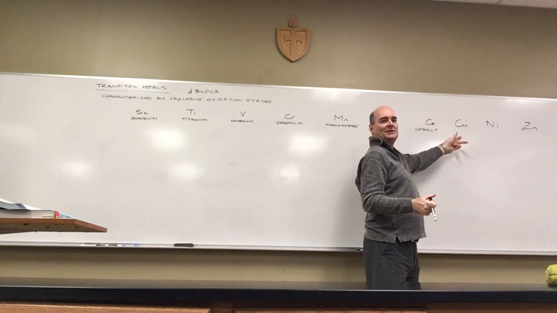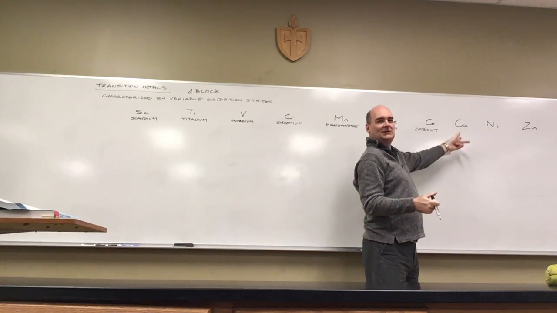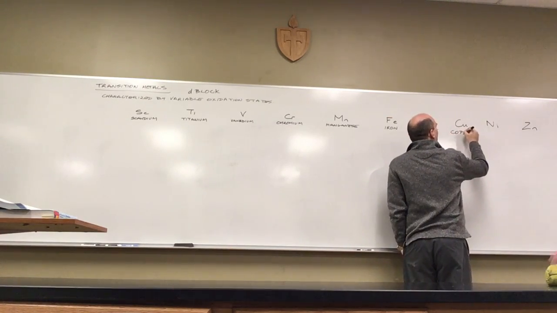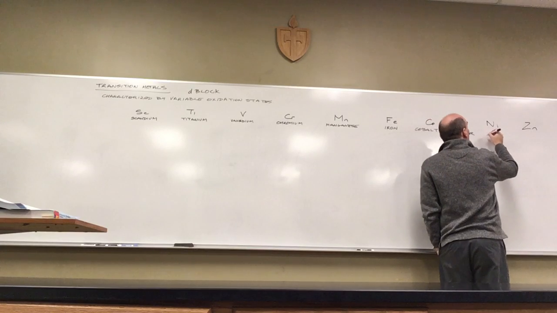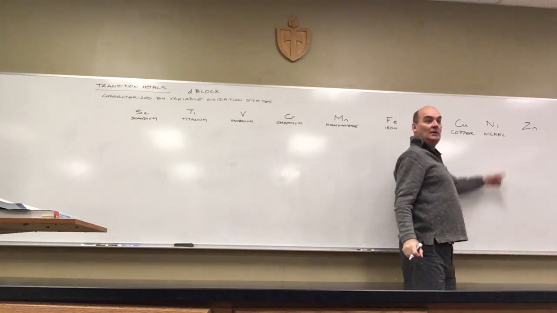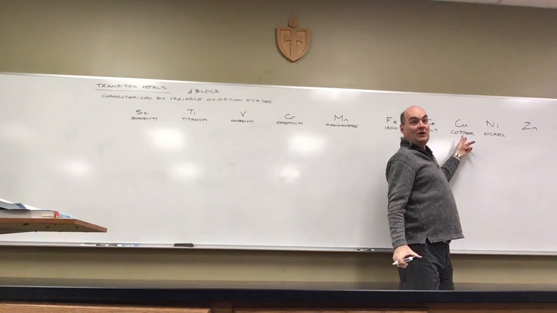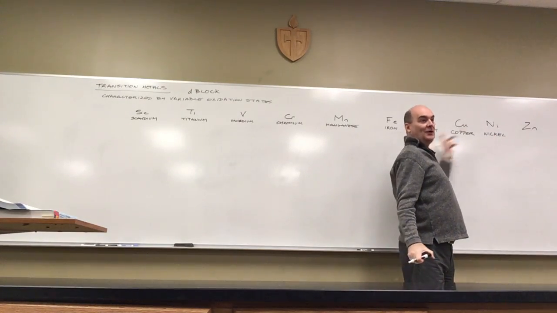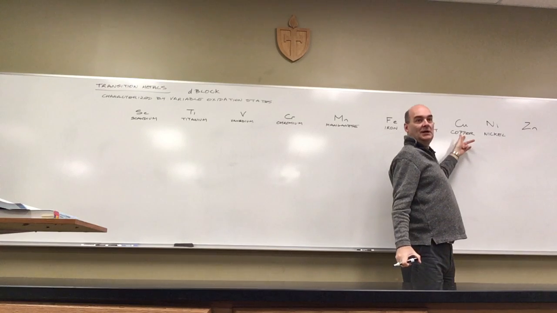And they would blame the goblins for putting the impurities in the metal. Copper is named after Cyprus. And nickel is named after the devil because, again, you're trying to mine copper, and the nickel just keeps getting in the way. So they blame the goblins and the devil for the fact that they couldn't get it.